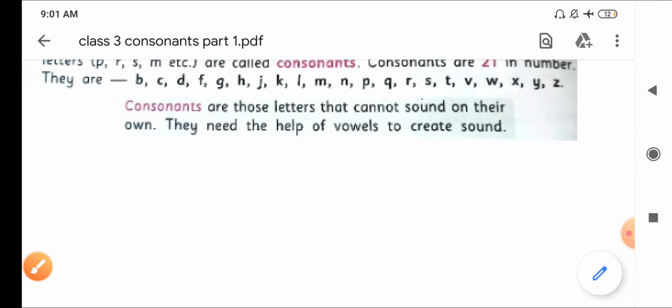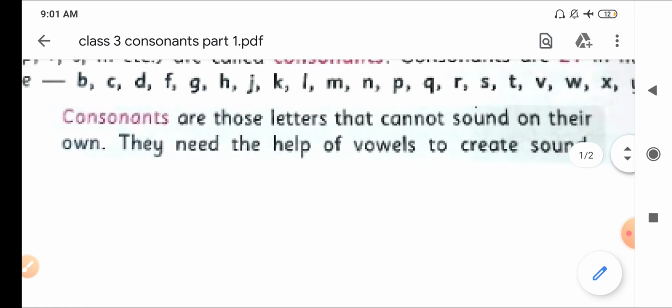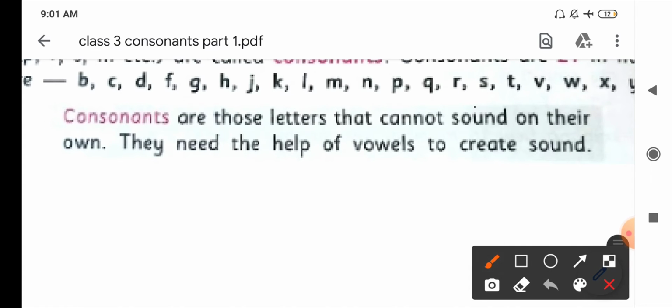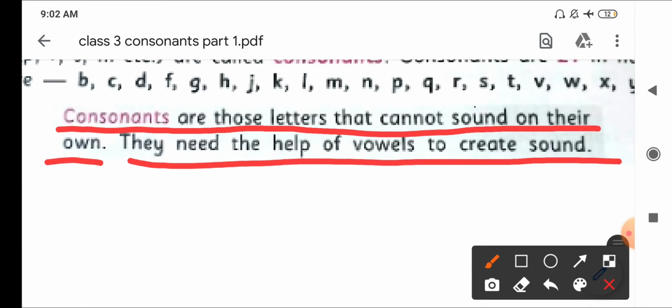Let us see here once again. What are consonants? Consonants are those letters that cannot sound on their own. They need the help of vowels to create sound. Understood? You should learn the definition of consonants.